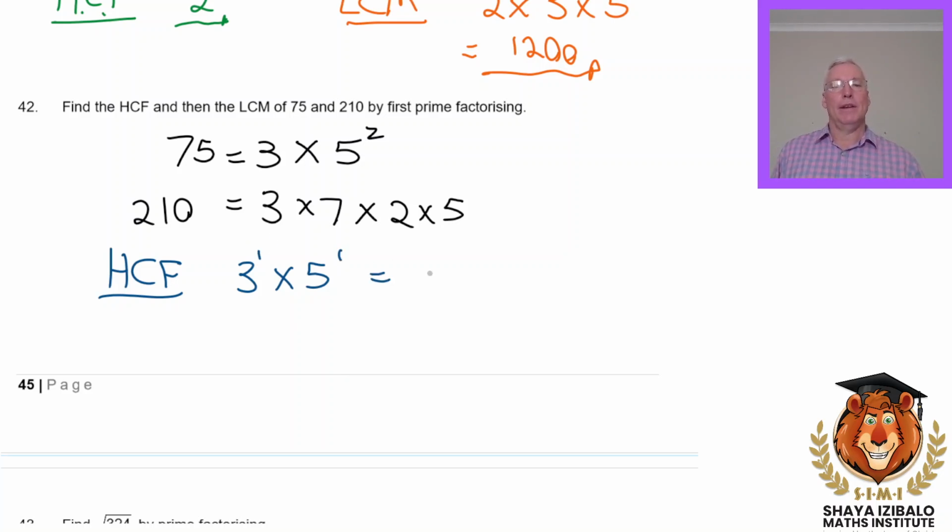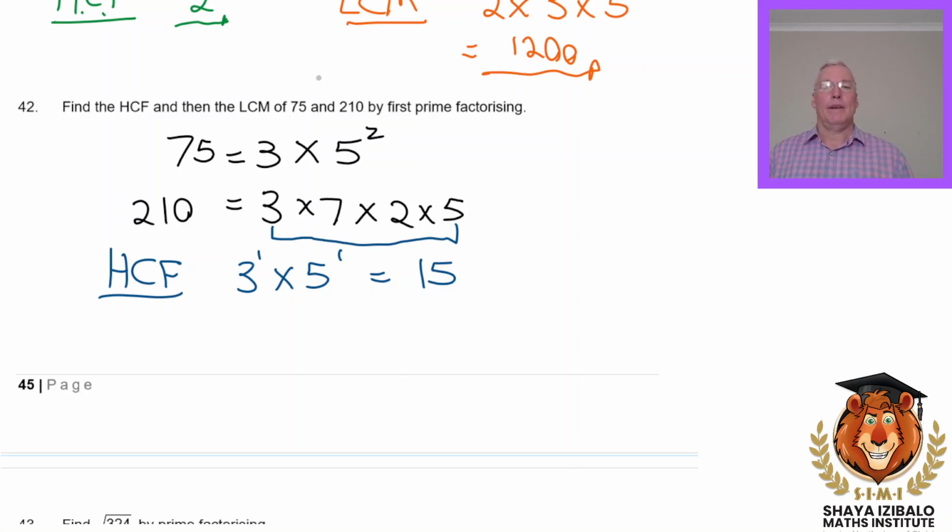And 15 is the biggest number that goes into both 75 and 210. We can see how many times it would go in: 15 would go into 210 14 times.